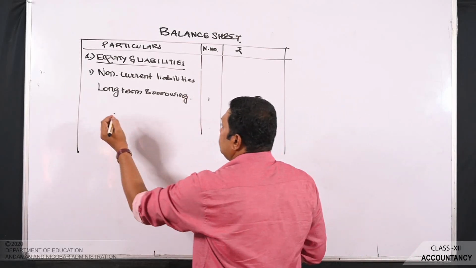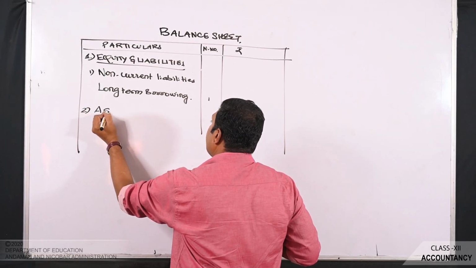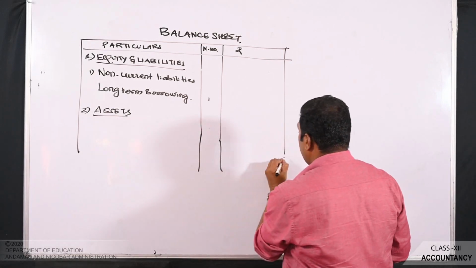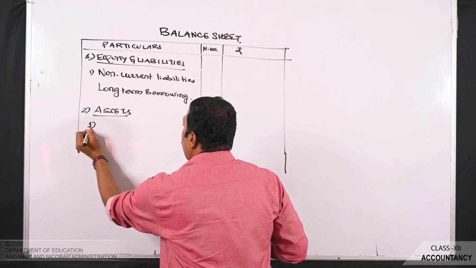And after that, assets. Under assets, we may have non-current assets. One is non-current assets.